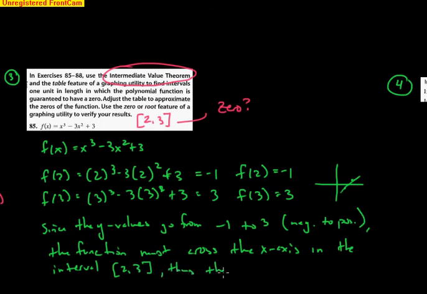Thus, there is a 0 there. So something like that. I mean, you can use your own words, but I'm trying to get the idea that you understand that when the y changes from negative to positive, it had to go through the x-axis. So that's all. Okay. Next one.